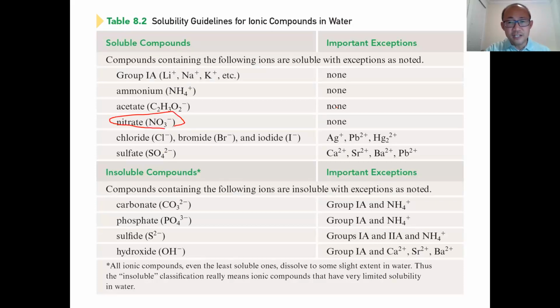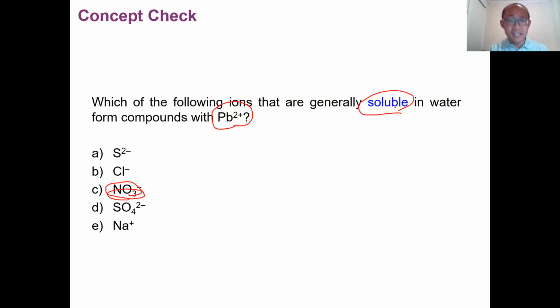Here's nitrate, always soluble, no exceptions. So when lead meets nitrate, it's still soluble, even though lead makes exceptions for soluble all the time, but nitrate is always soluble. In fact, lead 2 nitrate is actually soluble.